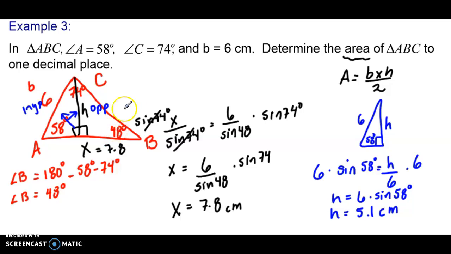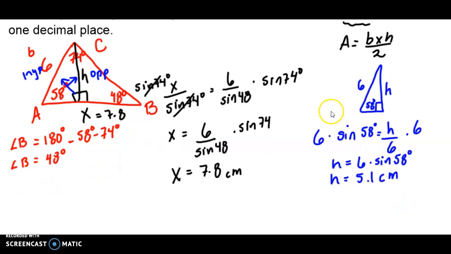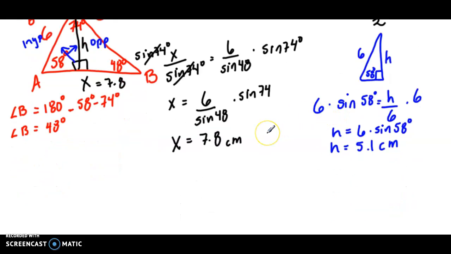We now have the base. So again, we have the base and the height, and now finally it's just a matter of calculating the area. Just down here, so we have the area of our triangle, base times height, divided by 2.